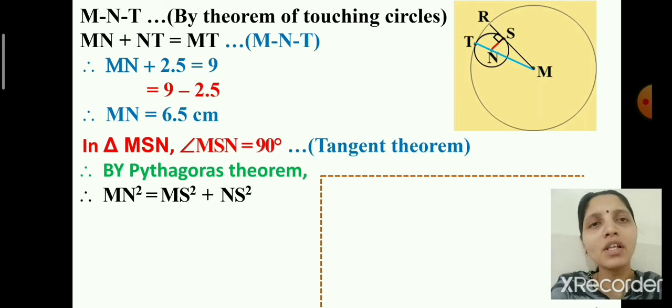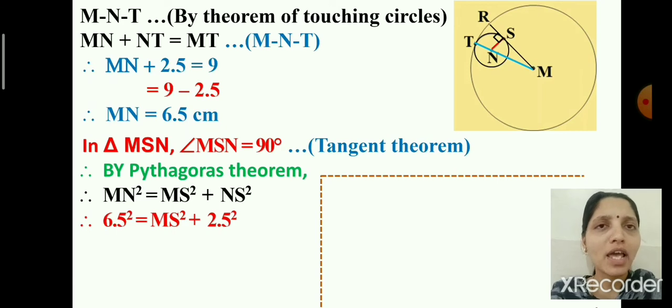Now by using the Pythagoras theorem, what we can write here? MN square is equal to MS square plus NS square. Now substitute the values. MN is 6.5 square, that is equal to MS square plus NS is 2.5 square.